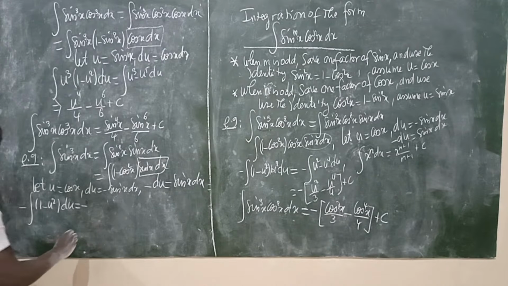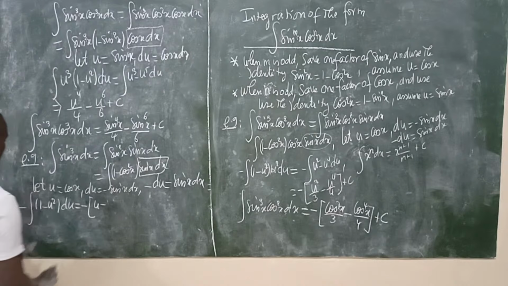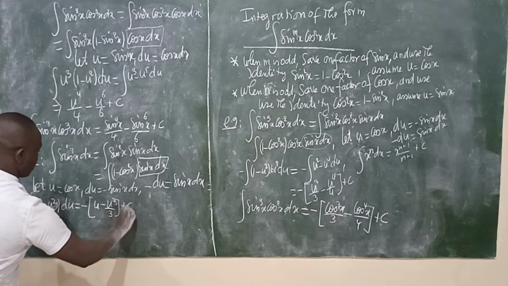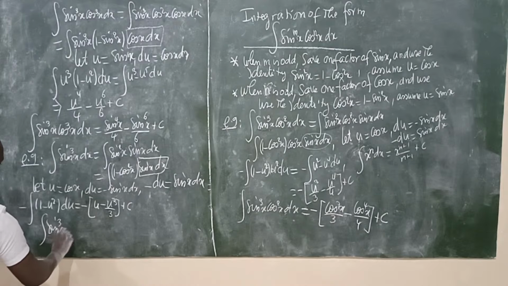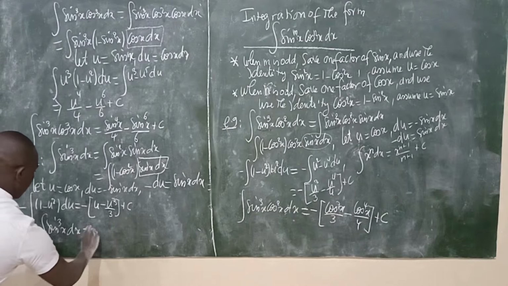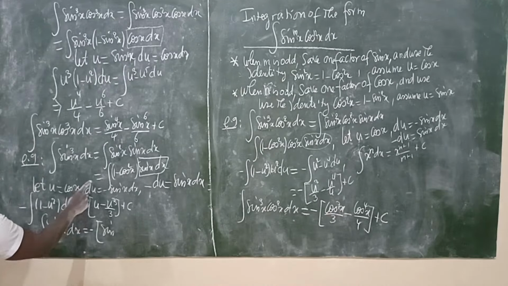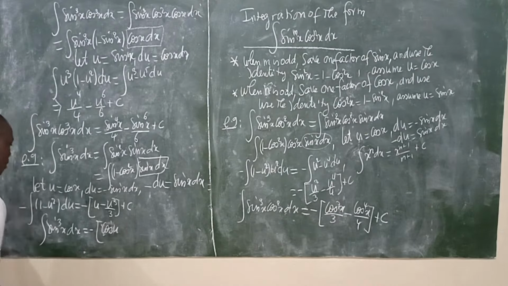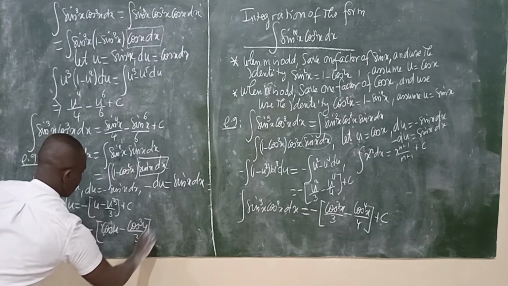This is minus, the integral of 1 with respect to u, that is u, minus, we add 1 here, u^3 over 3 plus c. So the integral of sine^3 x dx will be minus, u was assumed to be cosine x, so minus cosine x minus cosine^3 x over 3 plus c.